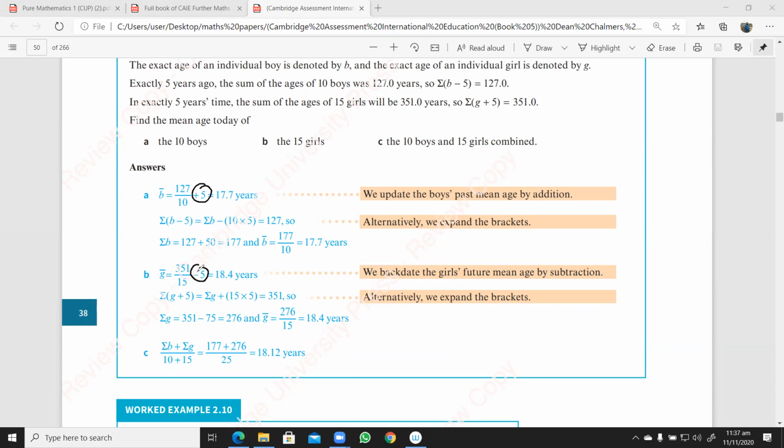Okay children? Then he says the 10 boys and 15 girls combined. So you have, this is the current average of the boys. This is the current average of these girls over here, right? Yeah, this is the current average of these girls.